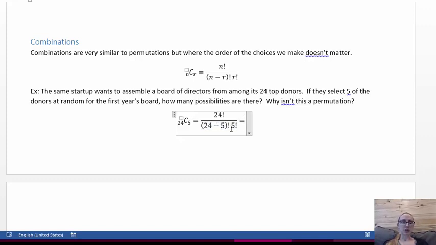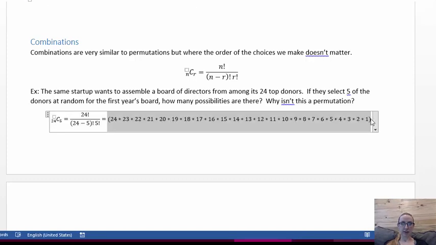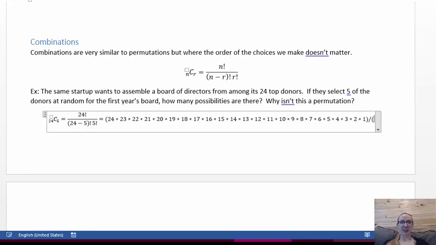If I wrote this out, so 24 factorial, you can write this out with me. This would be 24 times 23 times 22. And then we just keep multiplying all the way down until we get to 1. We've got this great big 24 factorial divided by 24 minus 5, that would be a 19 factorial.